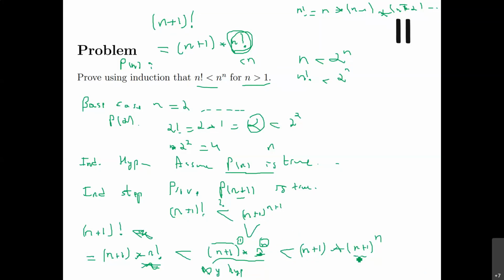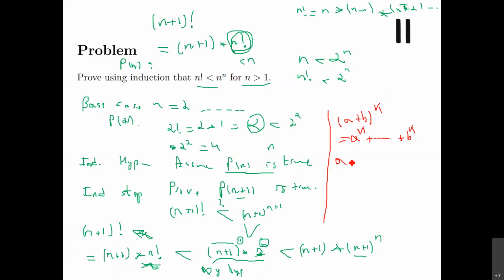Yes, it is true. Why? Well, I won't go too much into the details, but this is like binomial theorem. If you have a plus b power k, if you want to expand this, you're going to have a power k somewhere, then you add everything in the middle, then you have b power k.